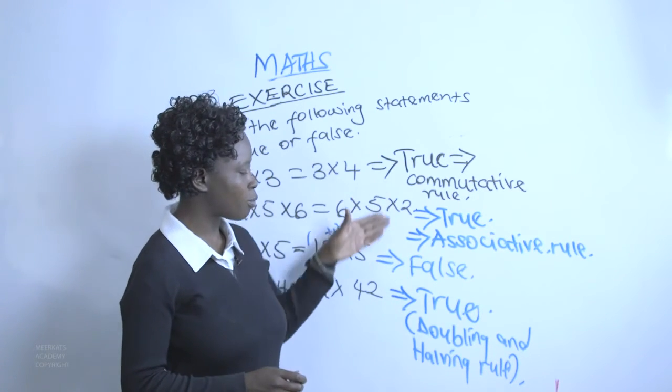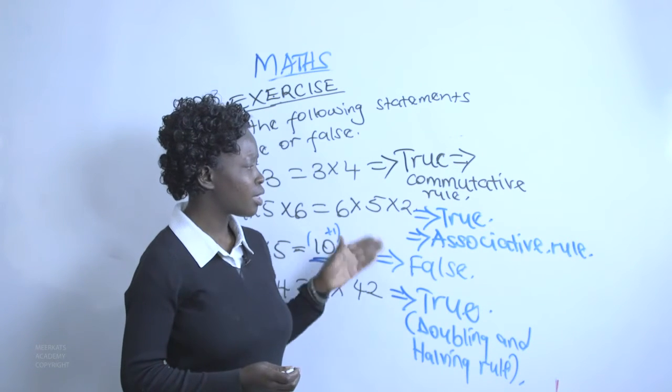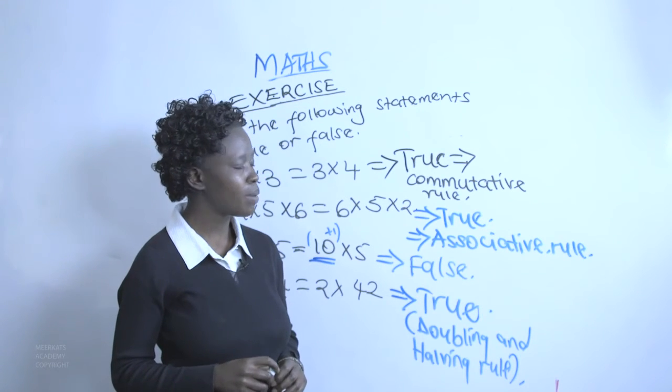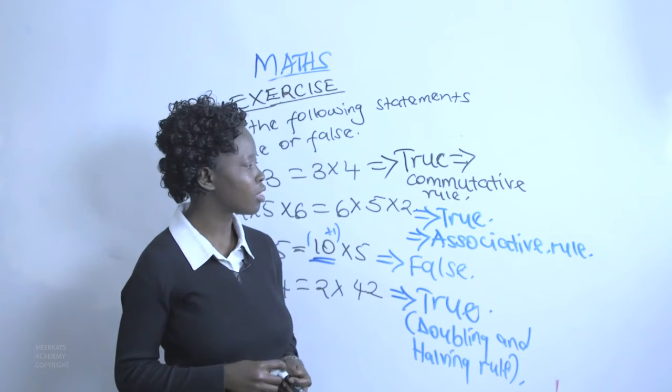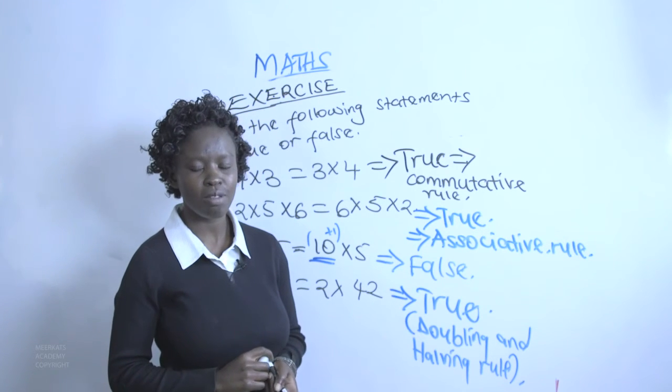So depending with the procedure that is being followed in multiplication of the numbers, then the answer that will be given will depend exactly on the procedure that has been given and the method that has been used.